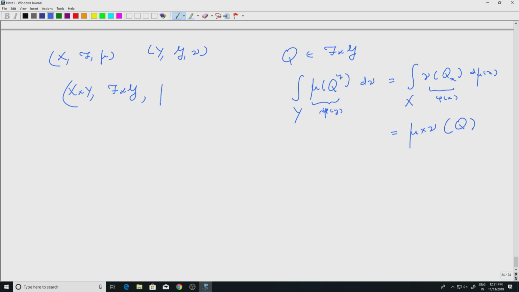So the measure we have is mu cross nu. How is it defined? This is the definition. Okay. So the exercise is trivial. Prove that mu cross nu is a measure, a countably additive measure, but that we have already done.